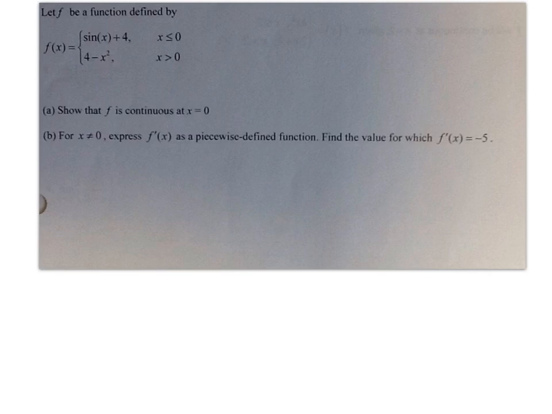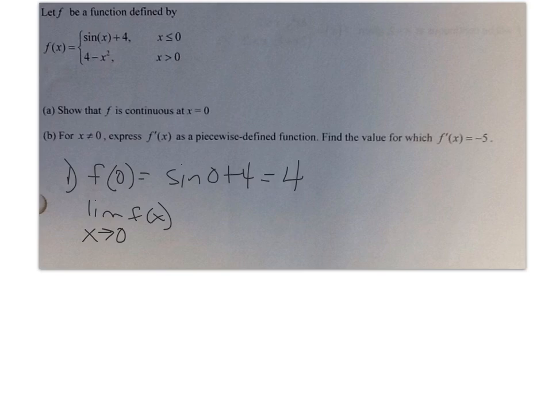We're going to start by doing the definition of continuity. So first part of that is that I need to evaluate f of 0. So that's going to put me on the first piece. Sine of 0 plus 4. So the sine of 0 is the y-coordinate on the unit circle at the angle 0. So that's going to be 0 plus 4 equals 4. Now I need to find the limit as x approaches 0 of f of x.